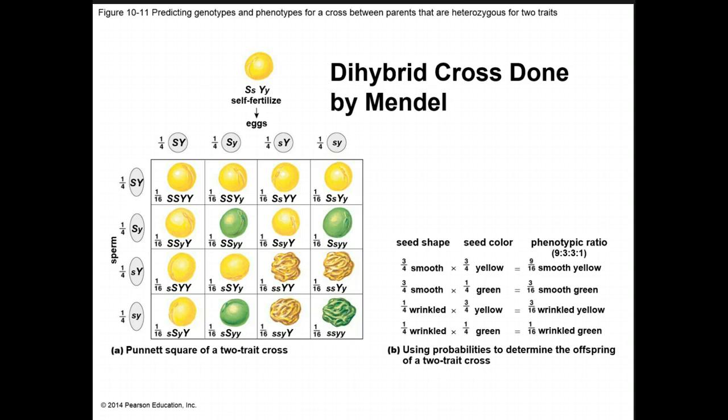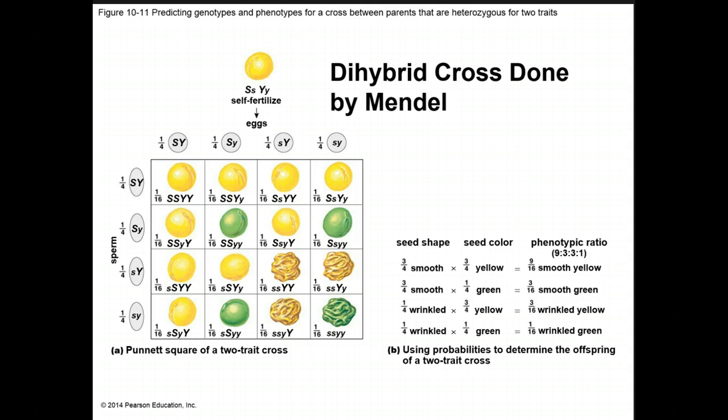And notice, since he was looking at two traits at one time, and each trait was heterozygous, there were actually 4 different possible sperm and 4 different possible eggs. So for that reason, 4 times 4 is 16, and he needed to draw a Punnett square that had 16 boxes.